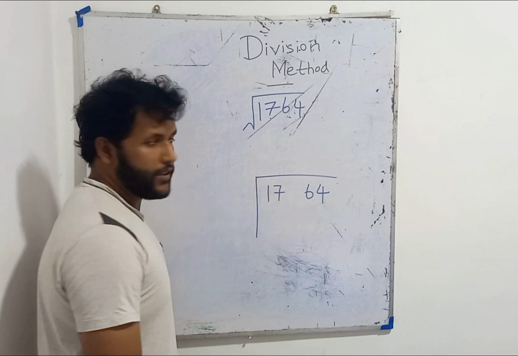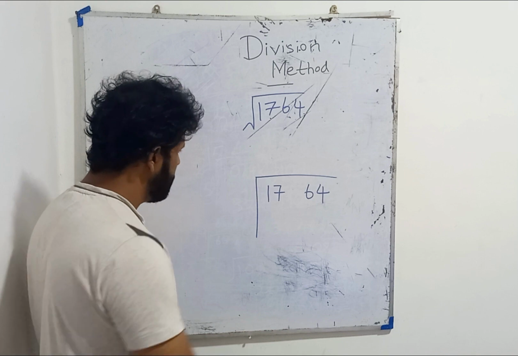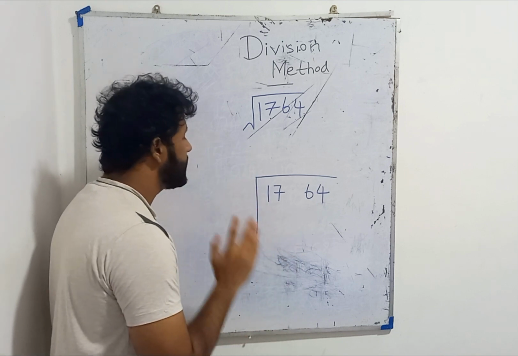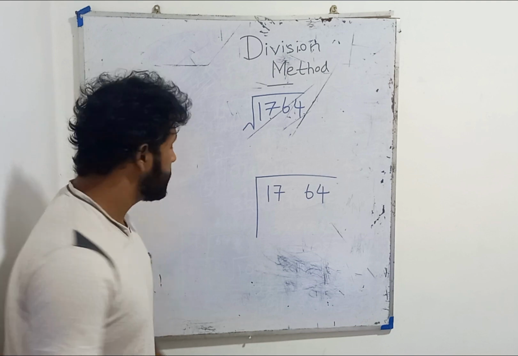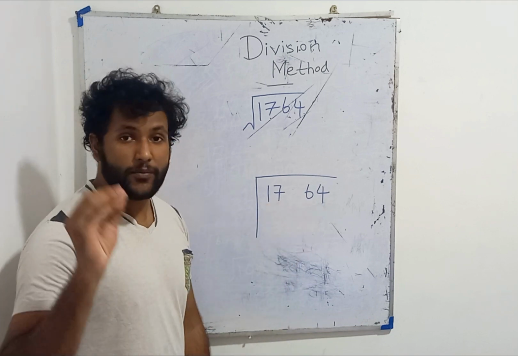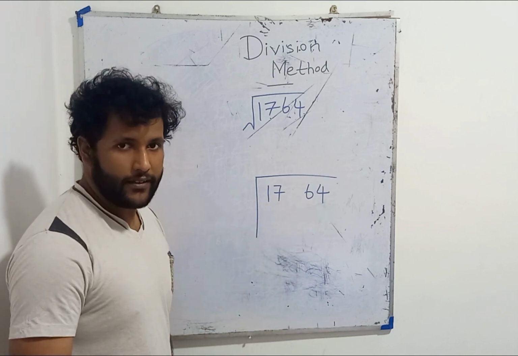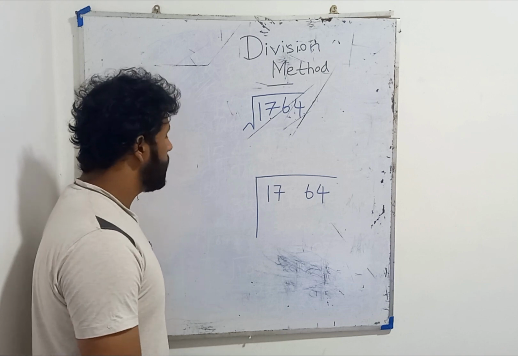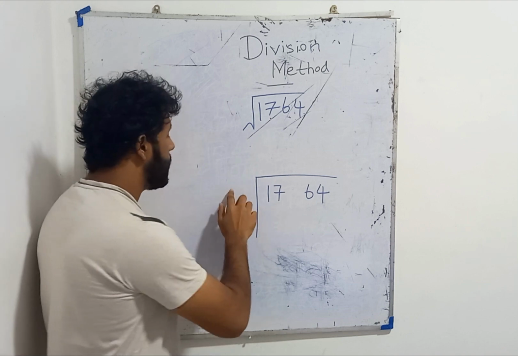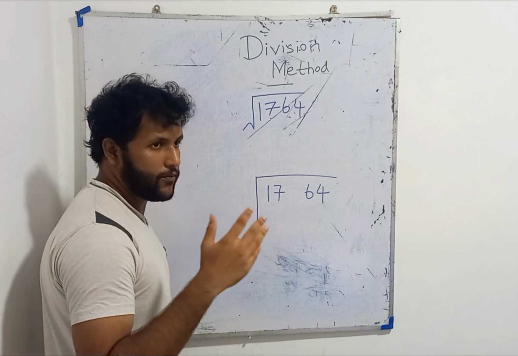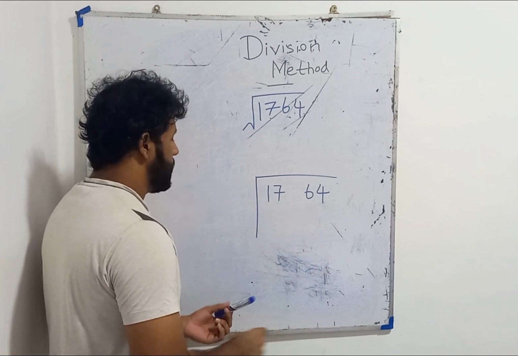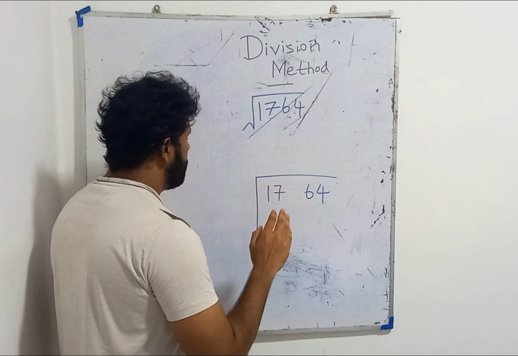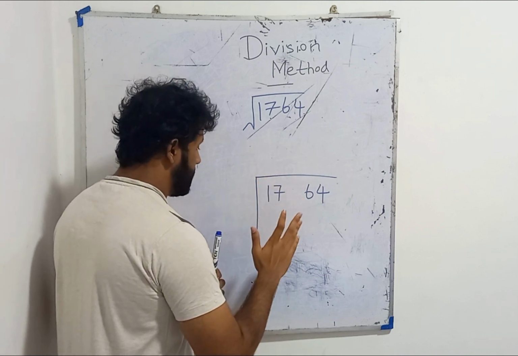Consider the closest perfect square number to 17. What is the closest square number to 17? That's going to be 16. How is 16 made up? 4 into 4 is 16. 4 squared is 16.